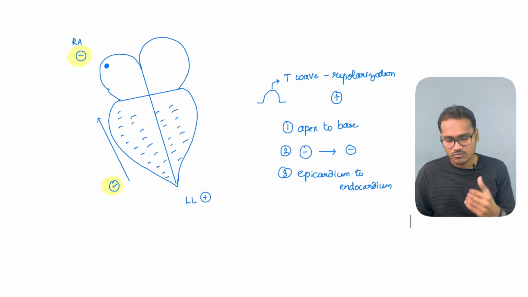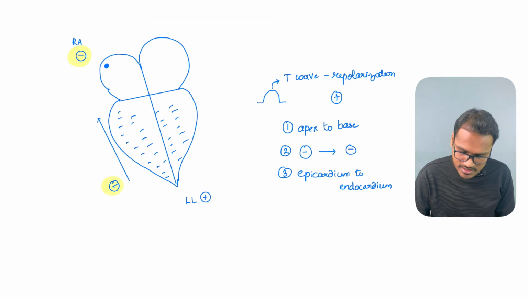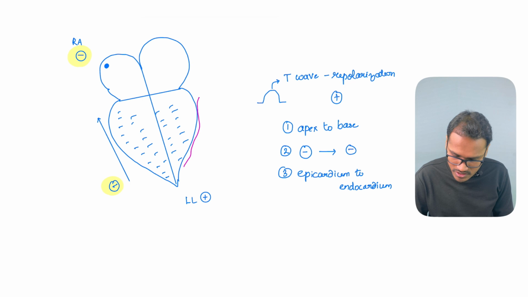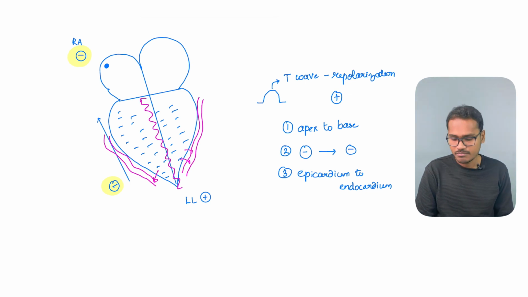And next thing is why it is happening from the outside to inside. Some of the reasons that are suggested: after the ventricular depolarization, the contraction happens and the blood supply inside the musculature is compromised. Only the blood supply on the outside is available for the ion exchange and channel opening. So that is why it happens from the epicardium towards the endocardium and from the apex to the base.